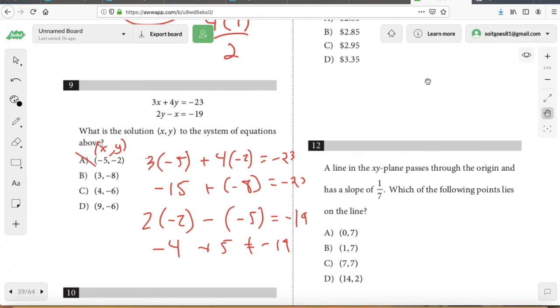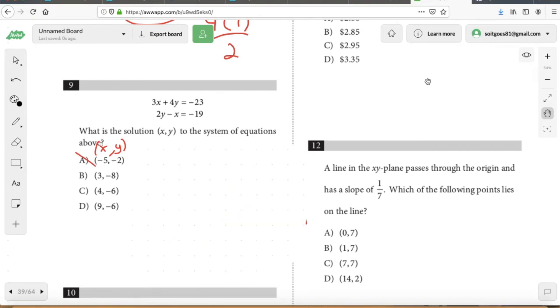Let's test answer choice B, which I think it is. Don't worry, I'm not going to have to chew through all these. But let's test it. So answer choice B, we got x is 3, so it's 3 times 3, plus 4 times -8. That's supposed to equal -23. I get 9 plus -32.